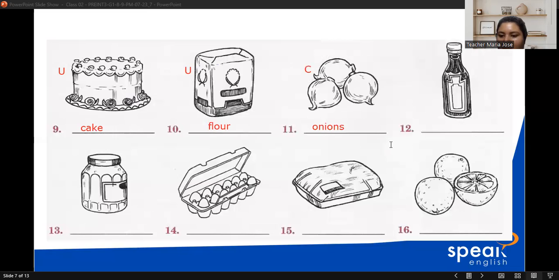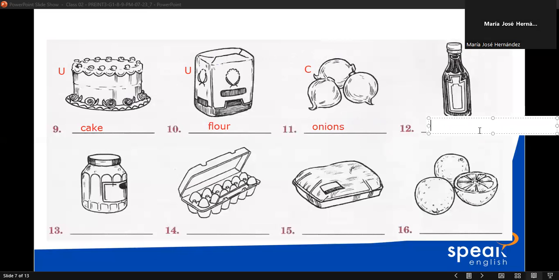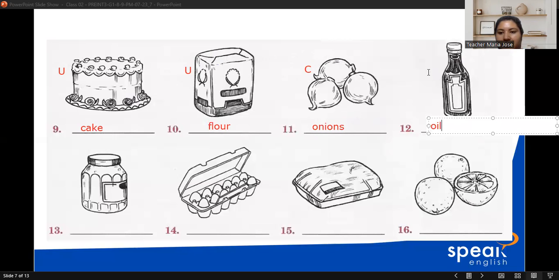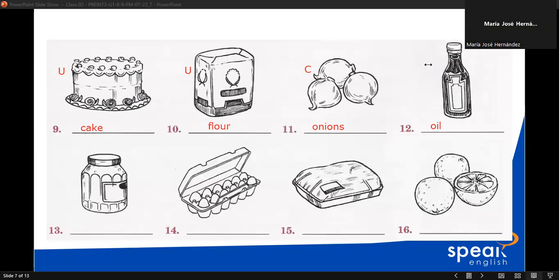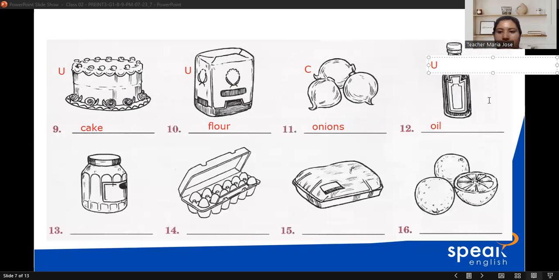Okay, number 12, Maria Jose. Oil. It can be oil. And this is? Uncountable. Okay. Number 13, Alvin.